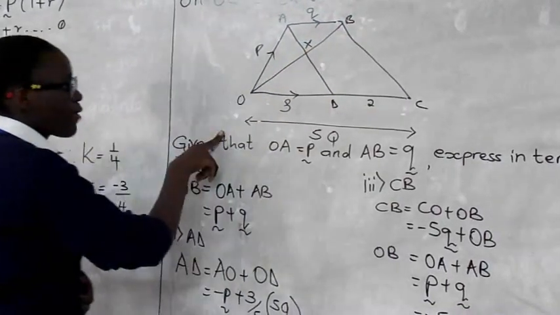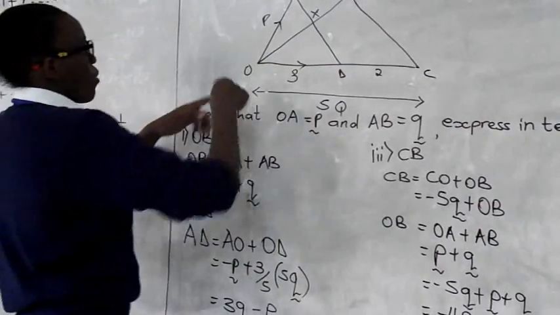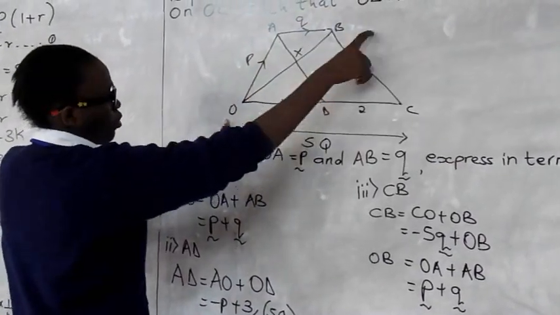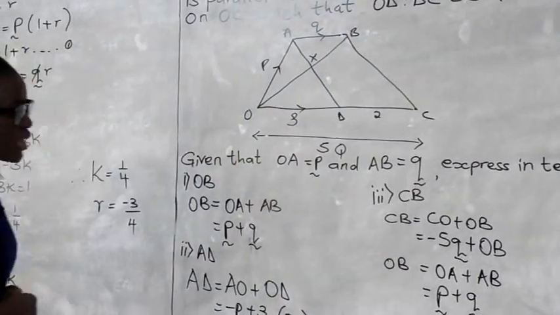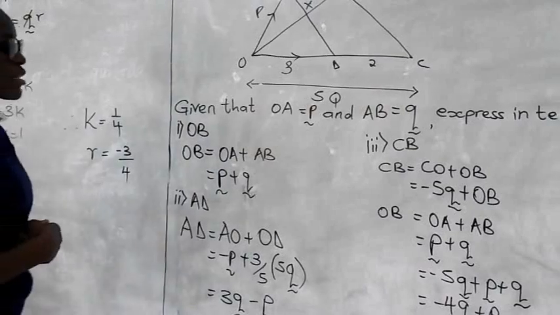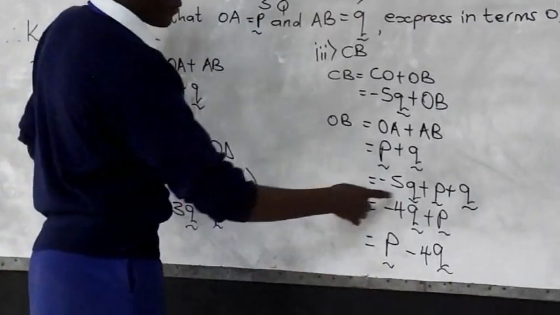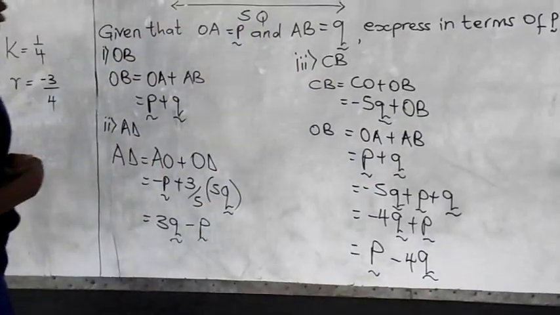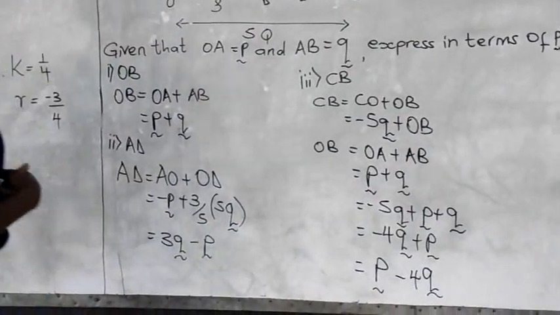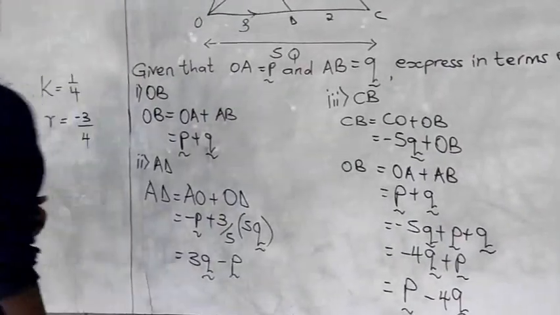CO is negative 5Q plus OB, which is P plus Q. So your answer is going to be negative 5Q plus P plus Q. You collect the like terms, which is negative 5Q plus Q, equal to negative 4Q plus P. Your answer is going to be P minus 4Q, which is the same as this one.